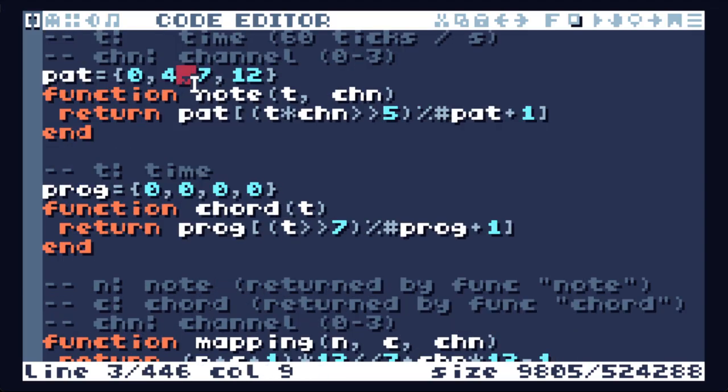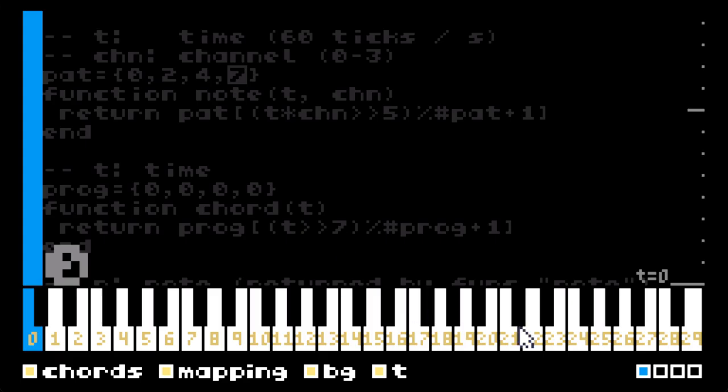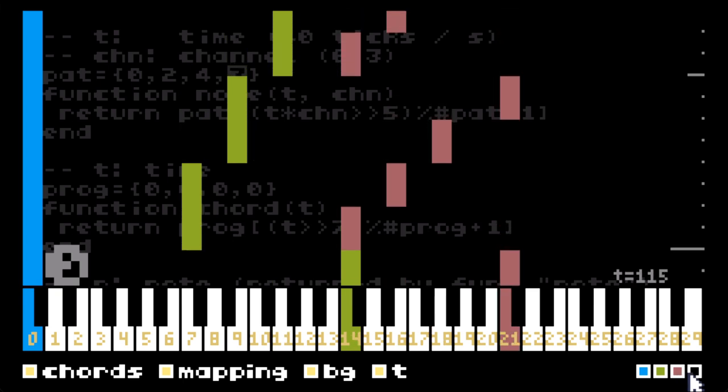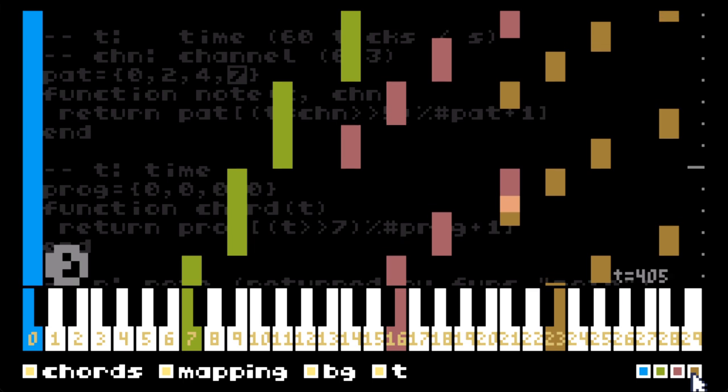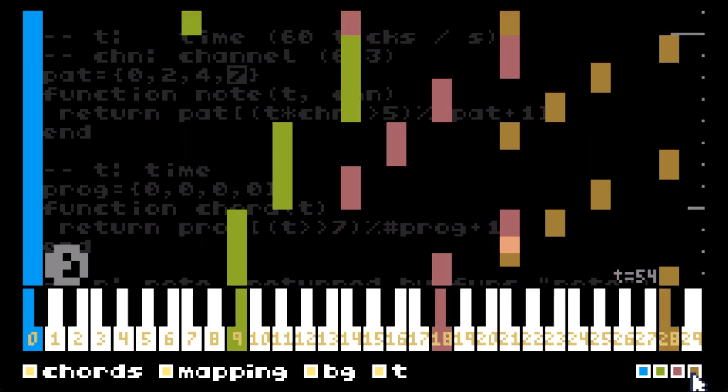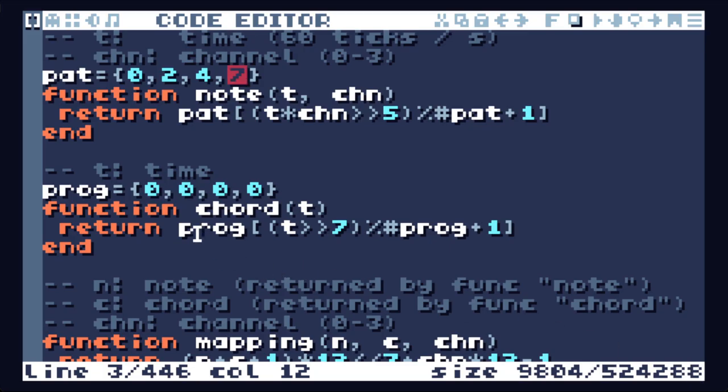Okay, so what now? We can, for example, do the notes number 0, 2, and 4. So this would be a C, and this would be an E, and this would be a G, and now C one octave up, and we get not much improvement here, but now we can start doing something fun.